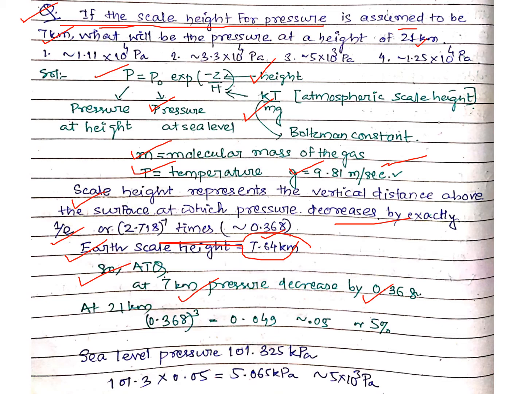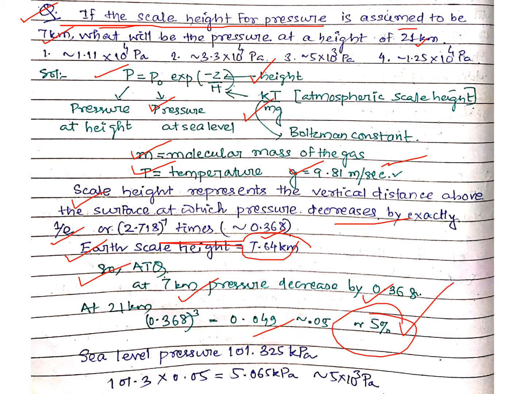At 21 km we should multiply 0.368 thrice to get the actual answer. So at 21 km we have 0.368 to the power 3. The value is 0.049, that is 0.05. The actual percentage is 5%.